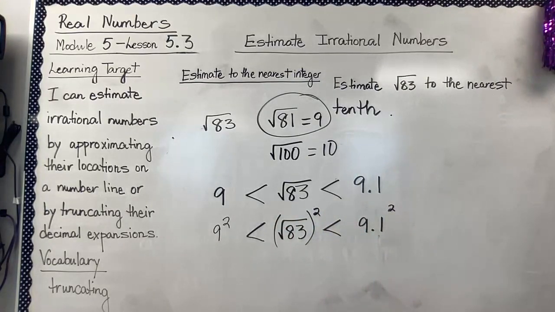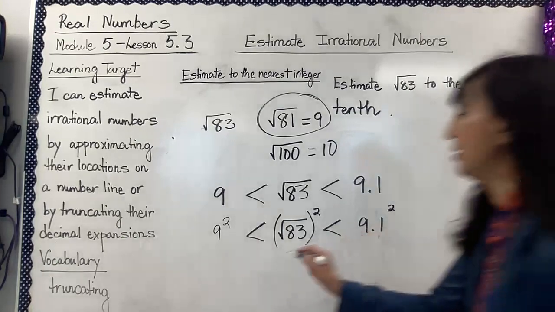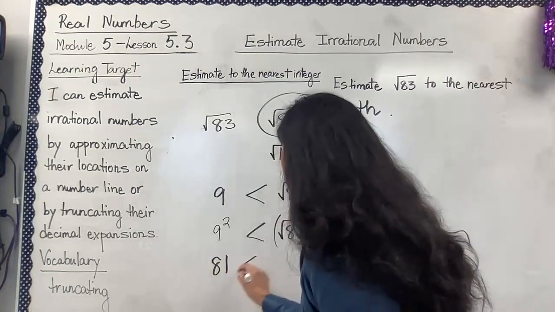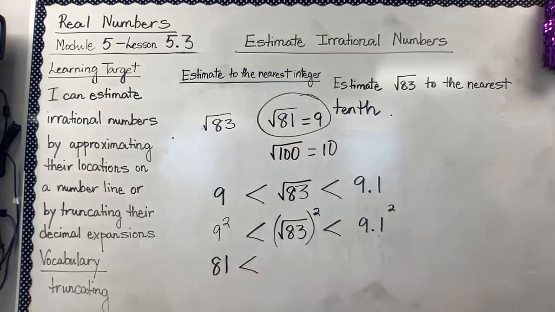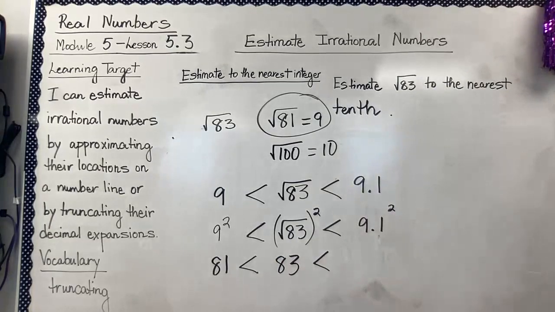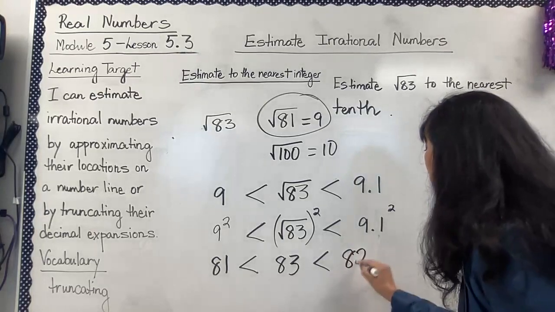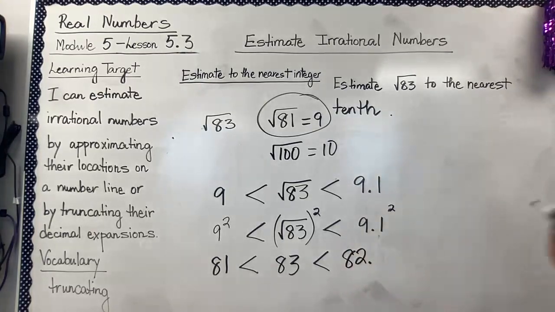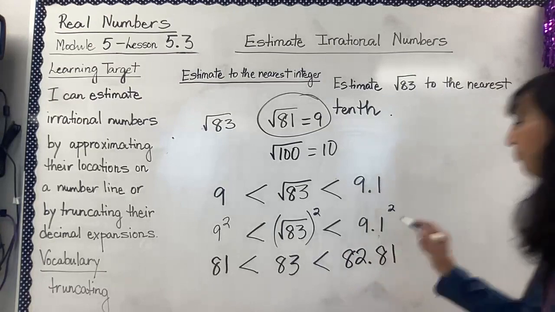What is 9 squared? It is 81, which is less than the square root of 83 squared, which is going to be 83. That is less than 9 and 1/10 times 9 and 1/10, which gives me 82 and 81/100.